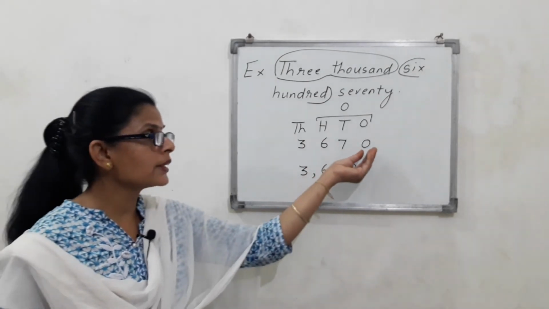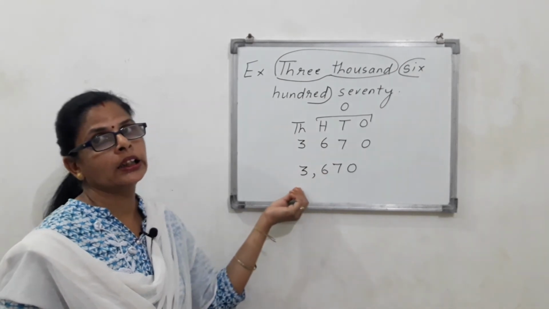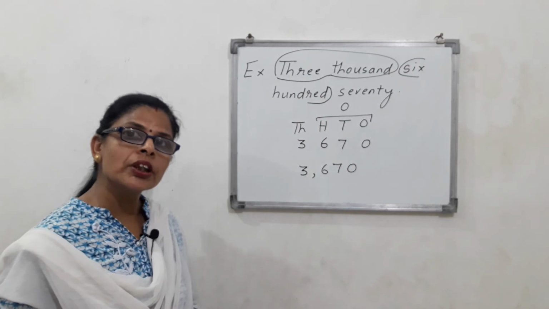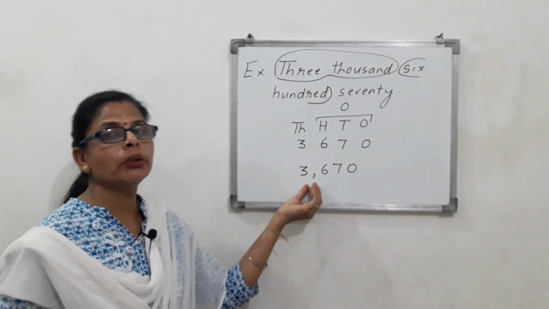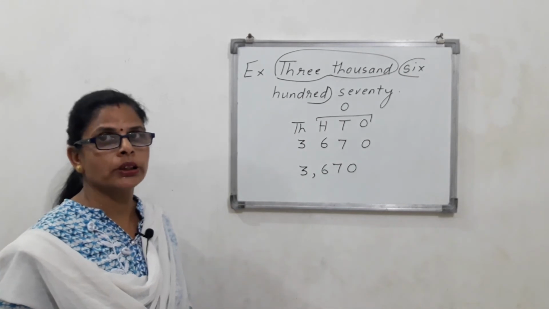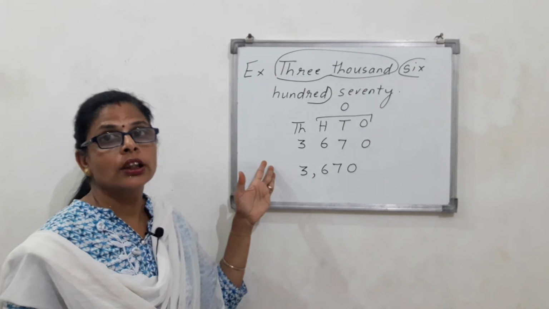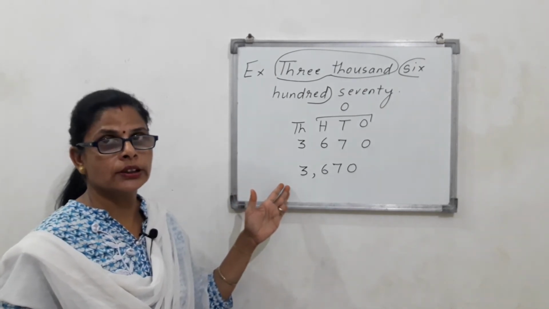We will count the places ones, tens and 100 and put the comma, because the ones period has 3 places. So they will be grouped in one period, then we'll put a comma and write the 1000 place. Clear? All of you understood how to write the number name and how to write in numerals or figures.